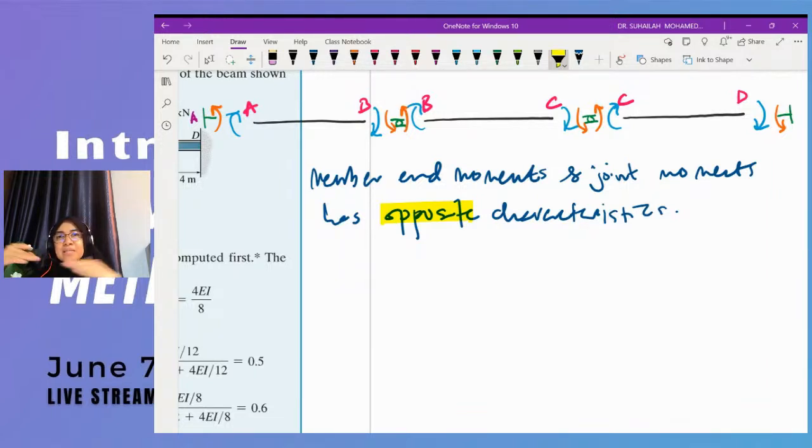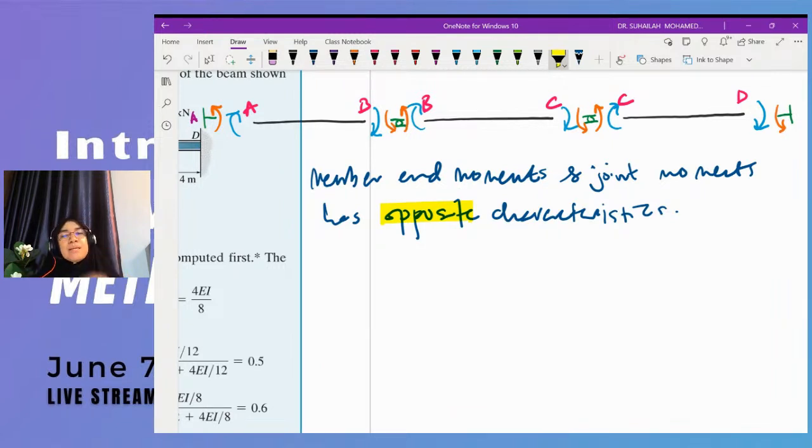Because at the distribution level, the upper value is the member end moment. In order to distribute moment, we have to change sign. Changing sign means opposite characteristic, because we distribute joint moment.